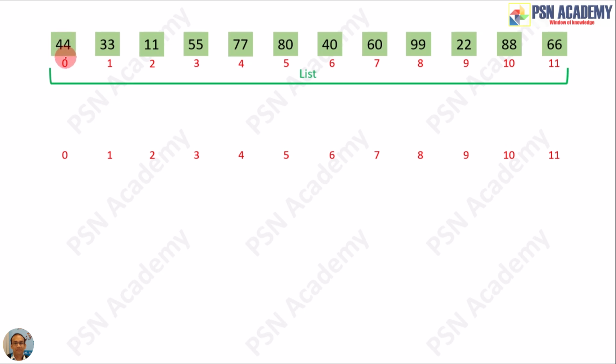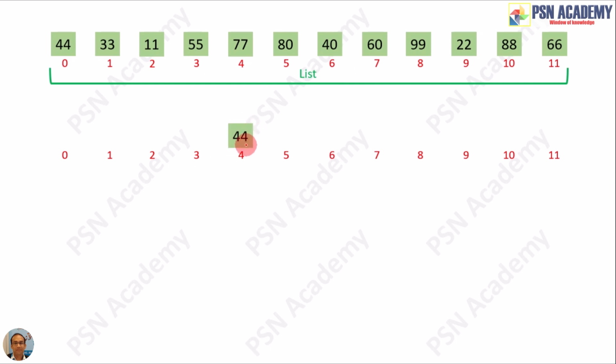Now you can see that 44 is present in the 0th index or the first position, but actually it should not be there because 33, 11, these are lesser than 44. So definitely after 33 and 11 and some other numbers over here, 44 will be located, right? The proper location of 44 after scanning the whole list will be at 4.